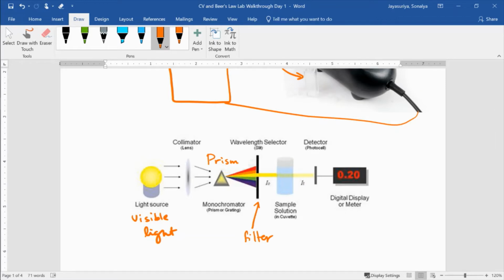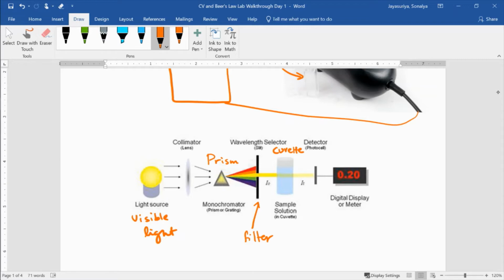I would press the button, and the filter would filter out all light except for the wavelengths corresponding to that color light. Okay? Then that light passes through the slit in the filter, and it'll go through your cuvette. This is your cuvette.